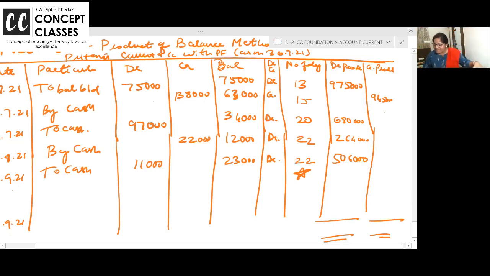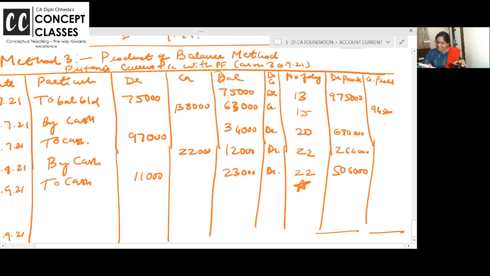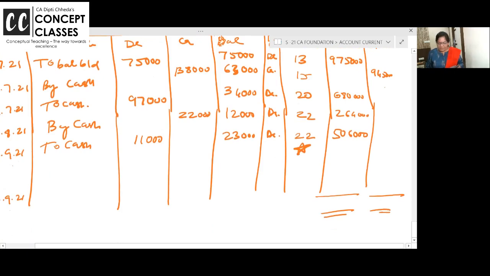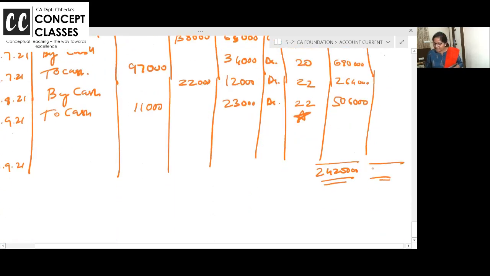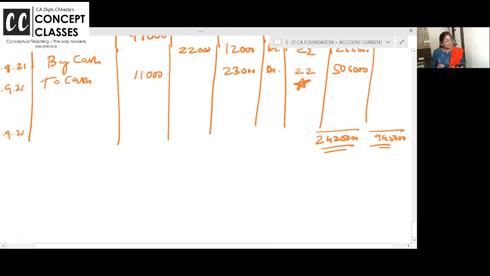Sorry, I had to leave in between. What total did you keep for debit product? 975 plus 680 plus 264 plus 5,06,000. Debit product total is 24,25,000 and credit is 9,45,000.